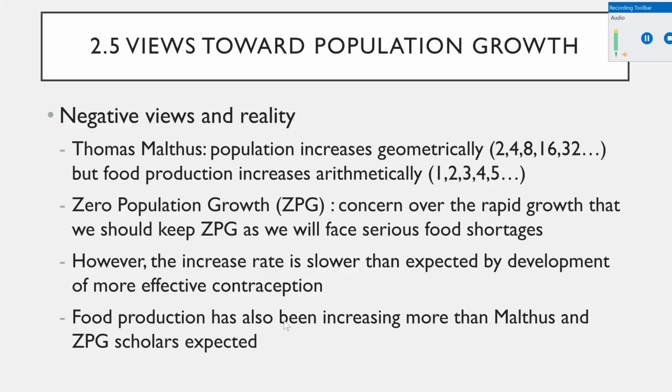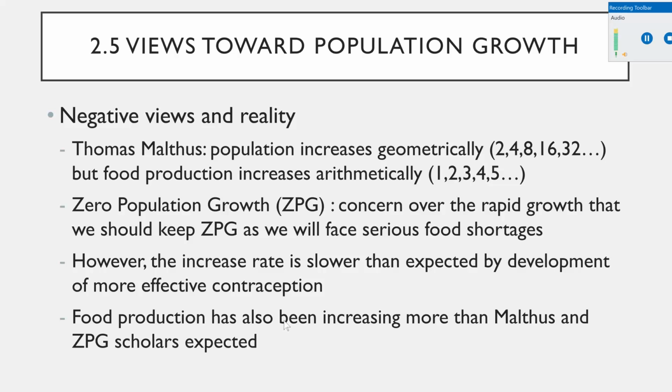Thomas Malthus is called the father of demography. He argued that population increases geometrically, like 2, 2 squared, 2 cubed, so not linearly. But food production increases arithmetically, like a linear slope.